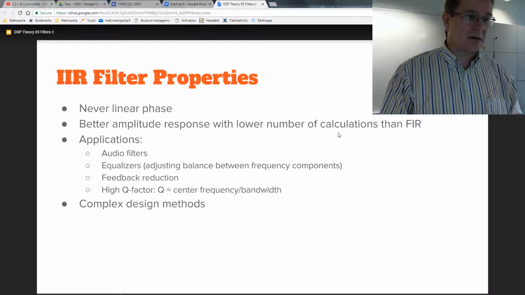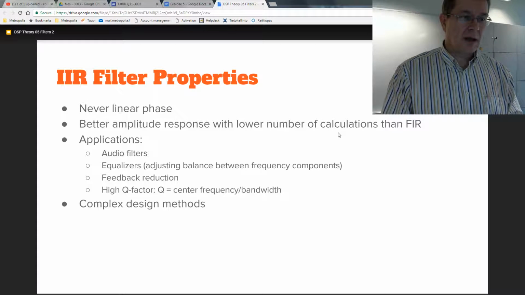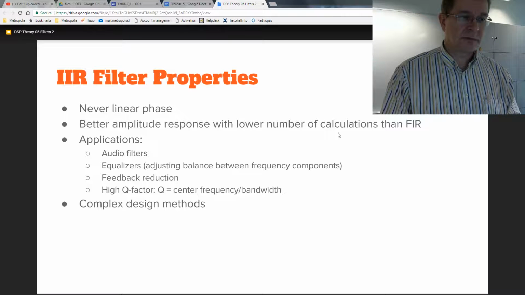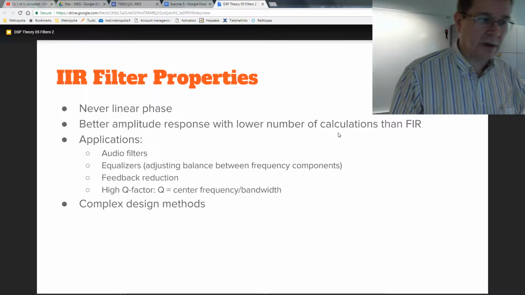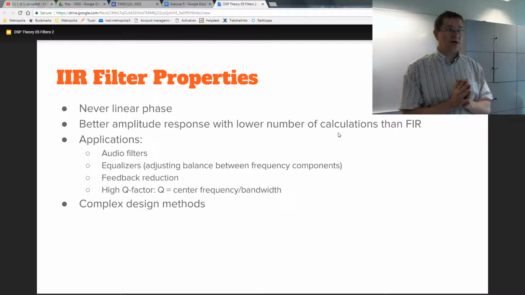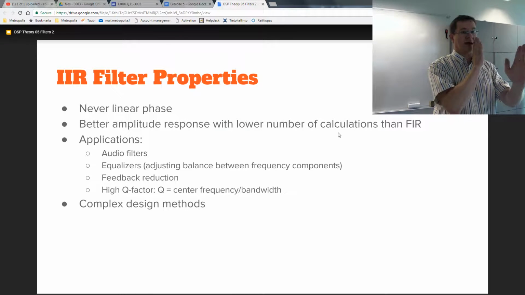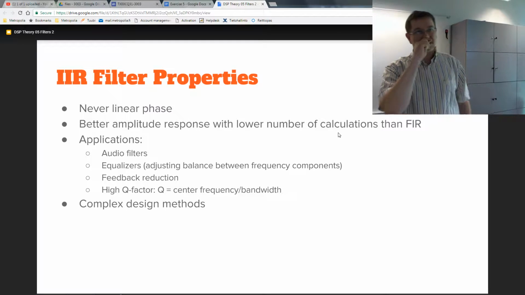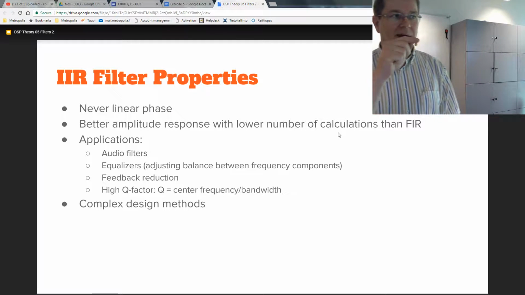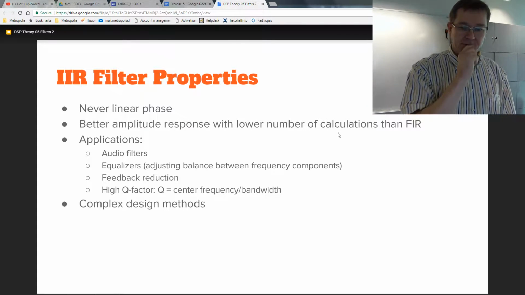And whenever you need a high Q factor, meaning narrow bandwidth filters, then the IIR is your answer.